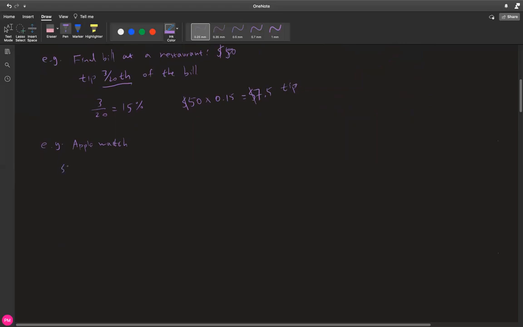So let's say store 1, and there's also store 2 that actually has it at a different price. So let's say in store 1, you can buy the Apple Watch for $300. But you also need to take into consideration that there is the 8% tax that you have to pay.